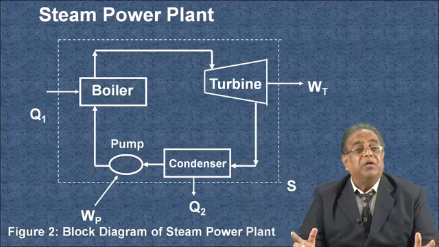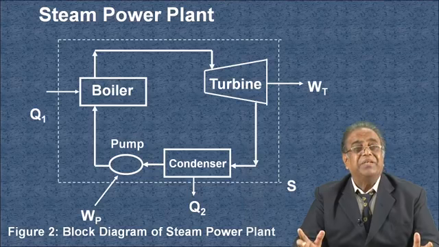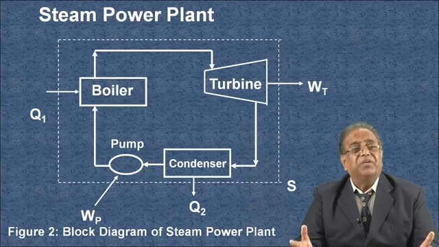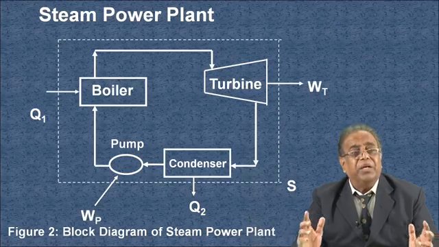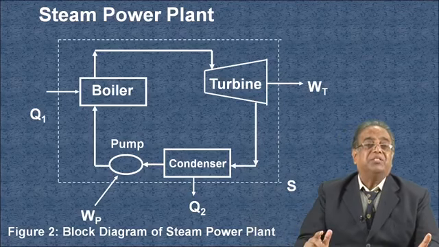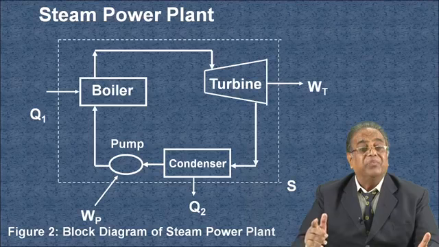Now, if you think of a control volume which is depicted in this block diagram with dotted line, here S is the control surface. By sign convention, the heat input to the system is considered as positive and heat given out from the system to outside is considered as negative. So, in this process, Q1 is considered as positive and Q2 is negative because it is heat loss from the system to outside.